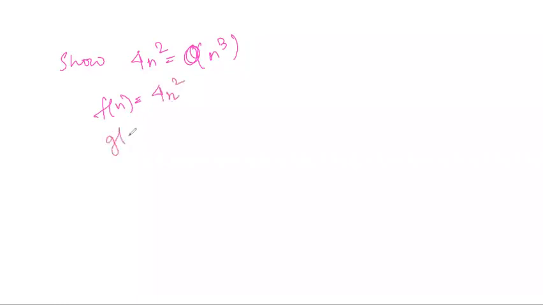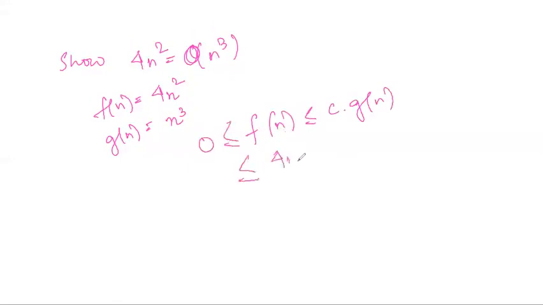My g(n) will be what? n cube. So I need to put these in this function in order to prove my Big O notation. Today we are studying Big O. So in place of f(n), I will put 4n square. In place of g(n), I will put n cube.